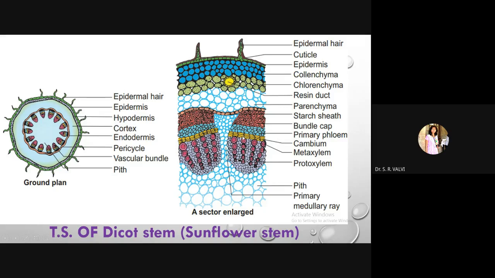And the pith is again very large in the ground plan, and it is present in this dicot stem. These are the ground tissues which hold the ring of all the vascular bundles, and such an arrangement of vascular bundles you will observe only in a dicot stem.